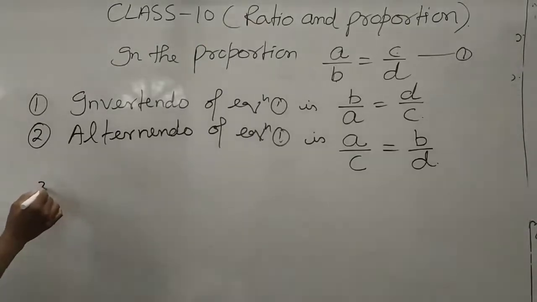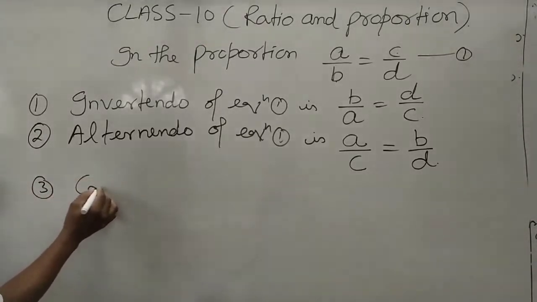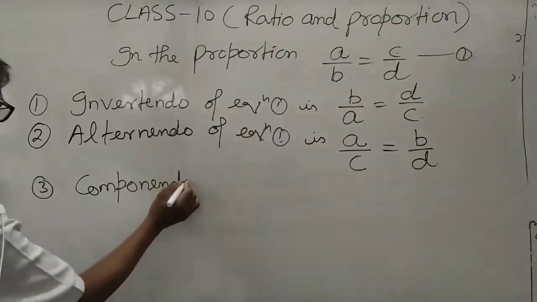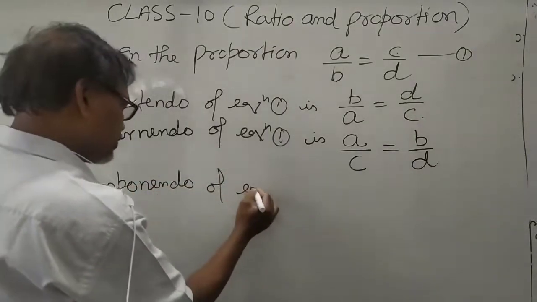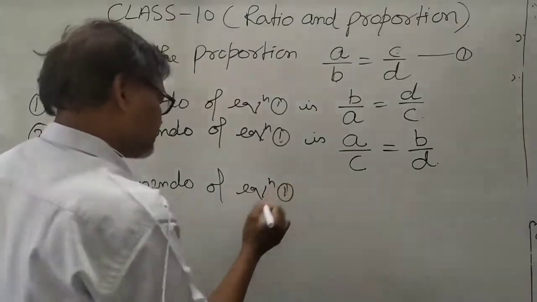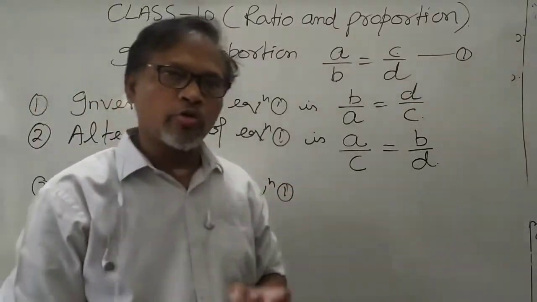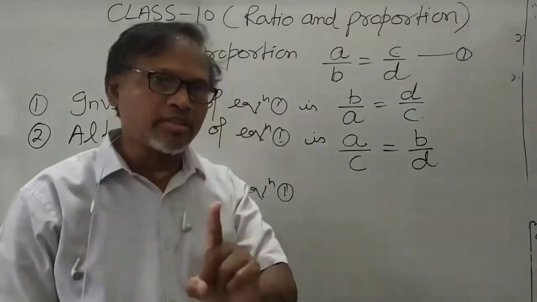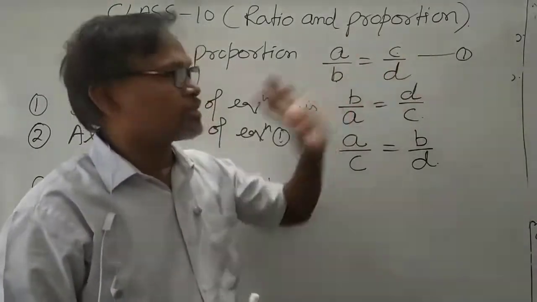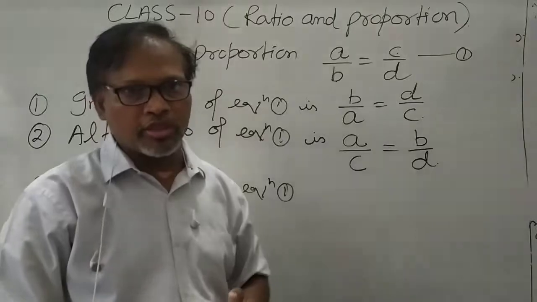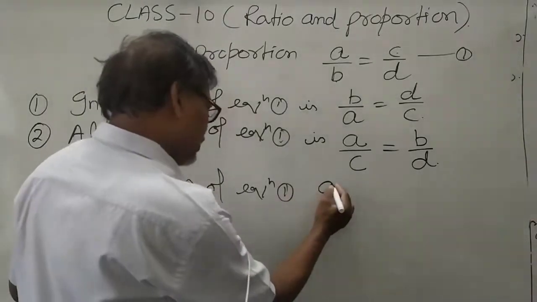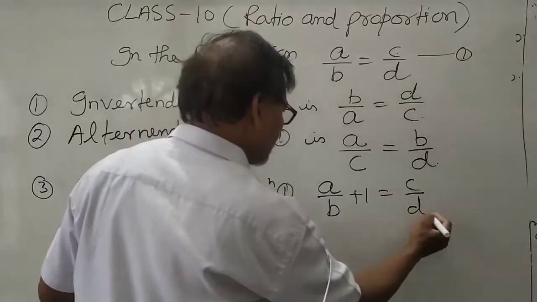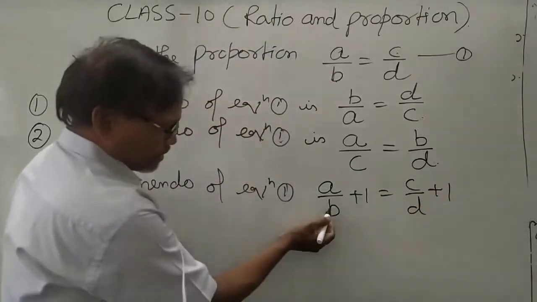Then the third one, componendo of equation 1. Componendo means we add plus 1 on both sides. When you add plus 1 on both sides, what will you get?